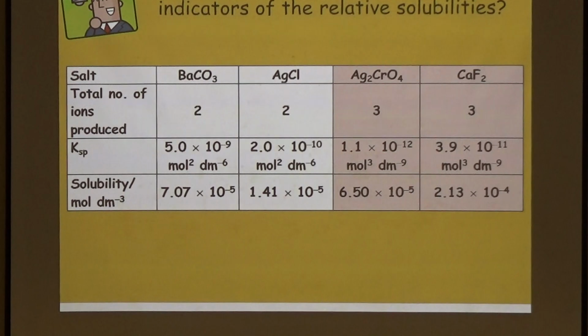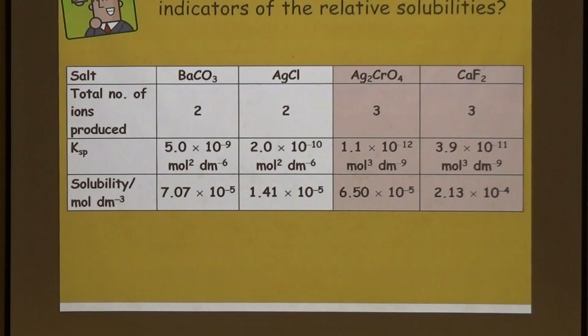Are the values of KSP good indicators of the relative solubilities? Here you have barium carbonate, silver chloride, silver chromate, and calcium fluoride.